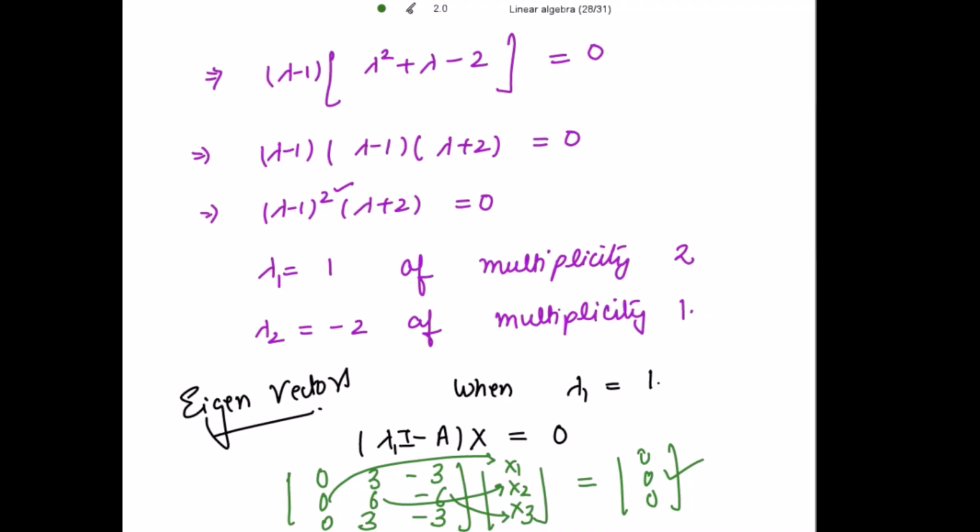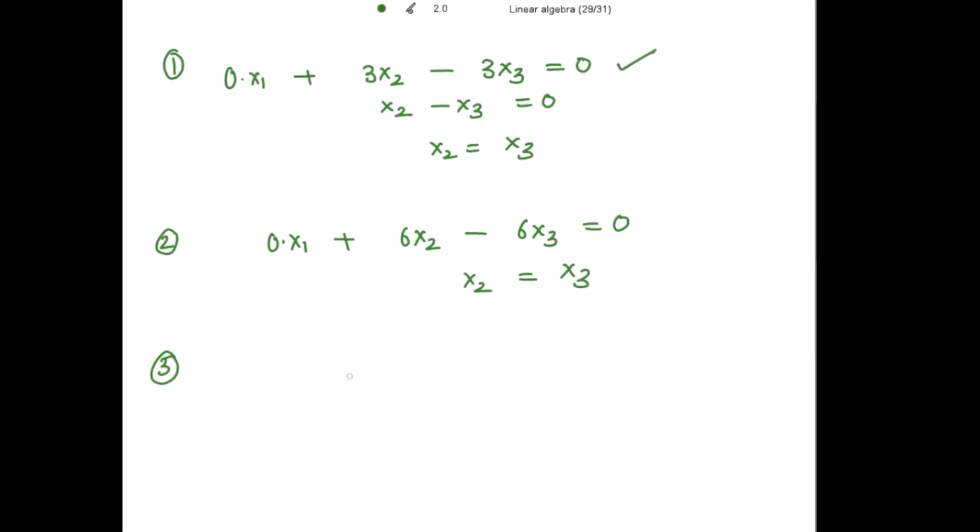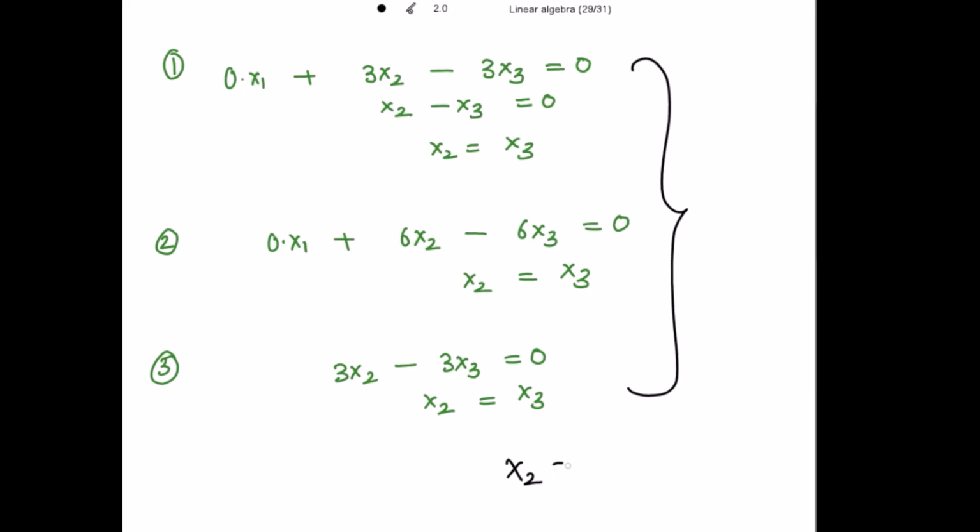Likewise, the third equation, 0 into x1 plus 3 into x2 minus 3 into x3 equal to 0, the same as the first one. From here we get x2 equal to x3. So from all these three equations we are getting the result x2 equal to x3.